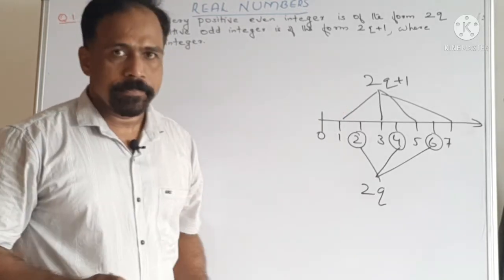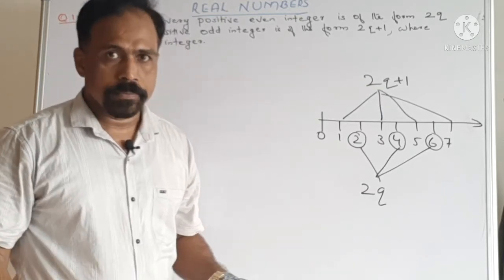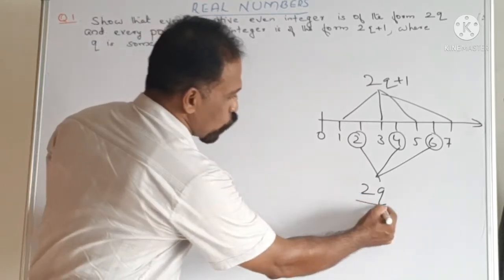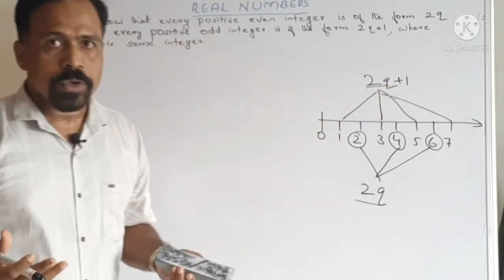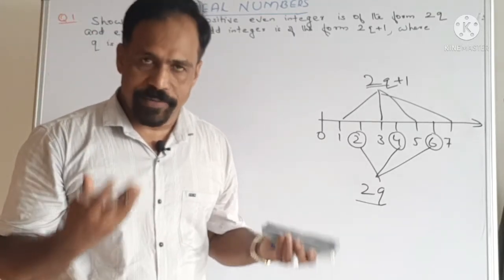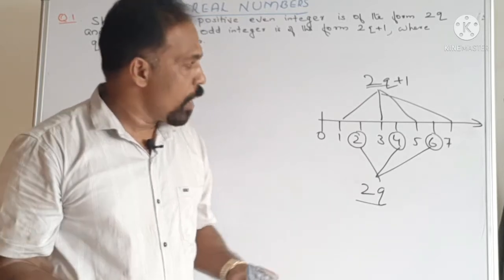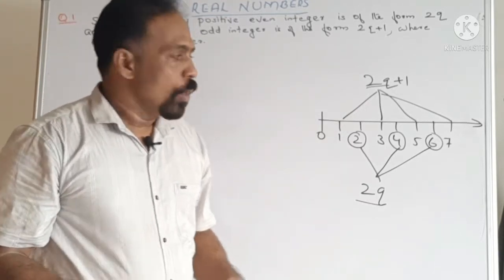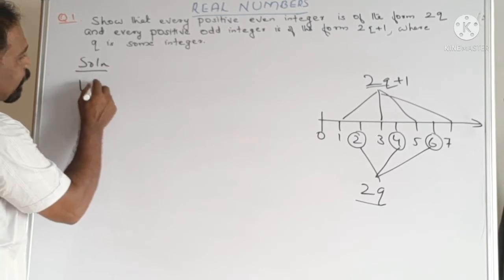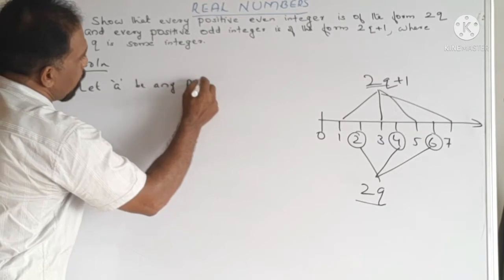Now, from here, you can easily make out that it is a division by 2. In the last video, I already told you, if anything is there like 2q or 3q or 4q, it gives an indication of division, whether it is divided by 2 or 3 or 4, etc. Now, we can easily prove. Let a be any positive integer.